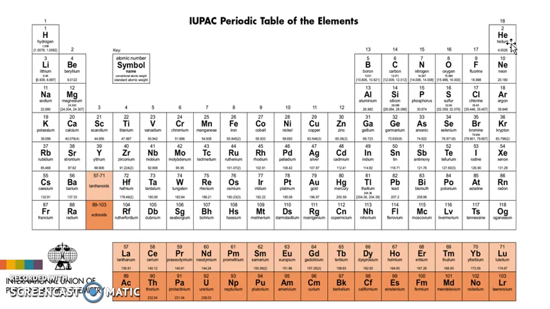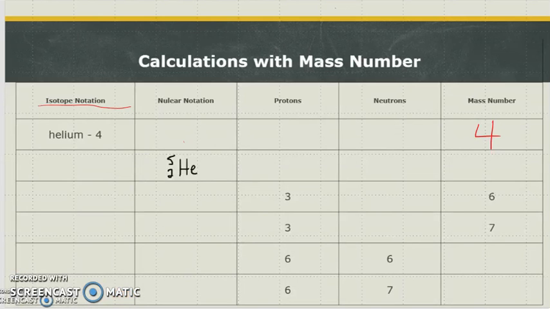Checking on the periodic table, we see that helium has 2 protons and an atomic number of 2, because it's the same thing, no coincidence. So we do 2, and like we reviewed before, the mass number is going to be the number of protons and neutrons added together. So we add 2 to 2 to get 4.